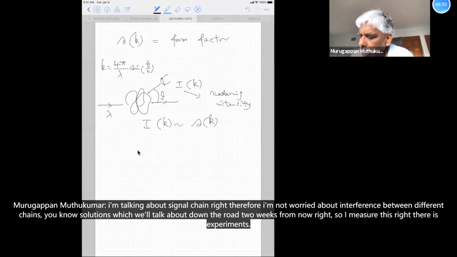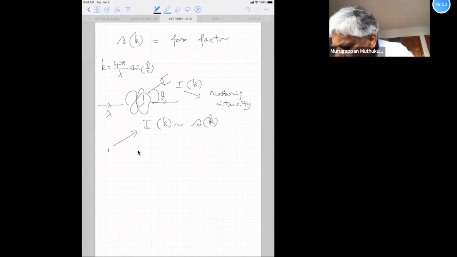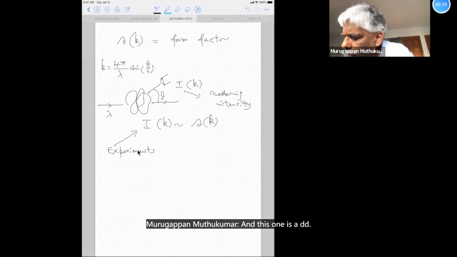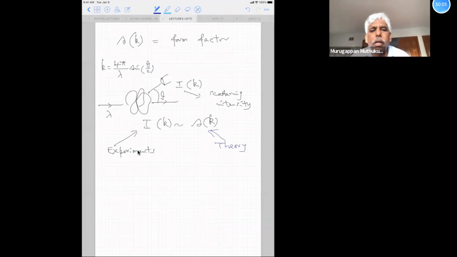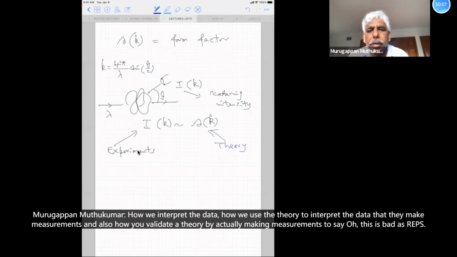So I measure this. This is experiments, and this one is a theory. This is a connection between how we use the theory to interpret the data that you measure, and also how you validate a theory by making measurements to say, oh, this theory is bad, et cetera.